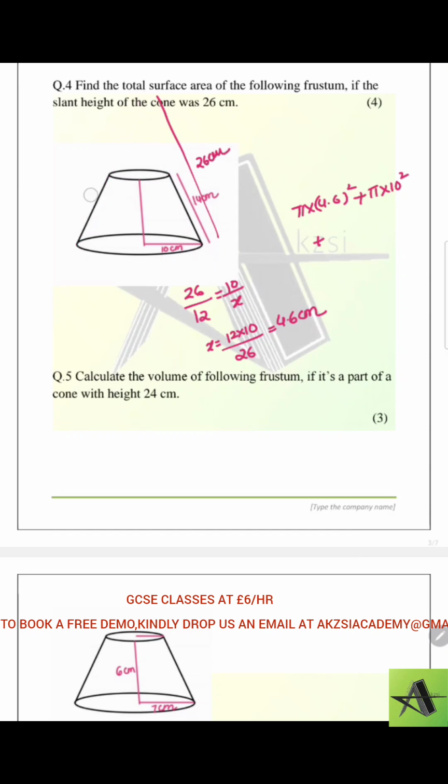So the bigger cone has a curved part as pi r L. So pi times r is 10 and L is 26.